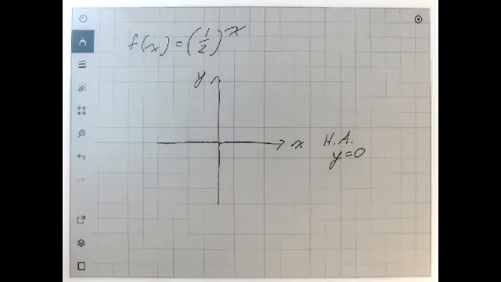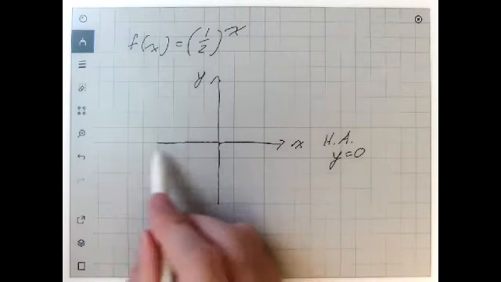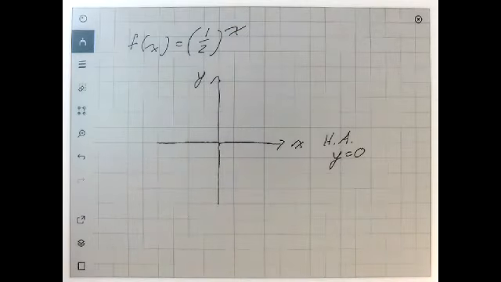Right, the horizontal asymptote y equals 0 is the x-axis. We don't have to draw anything else. When we start making these things a little bit more complicated, the horizontal asymptote can and will move, but for right now it's always the x-axis, which is really convenient.